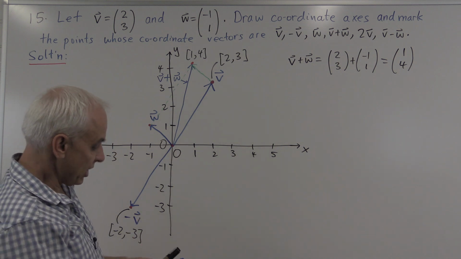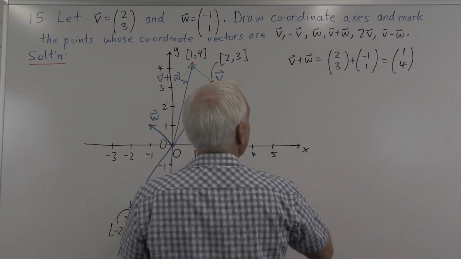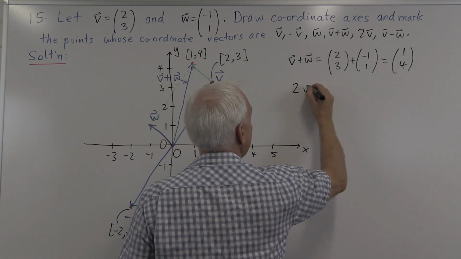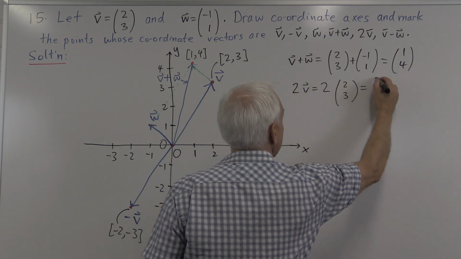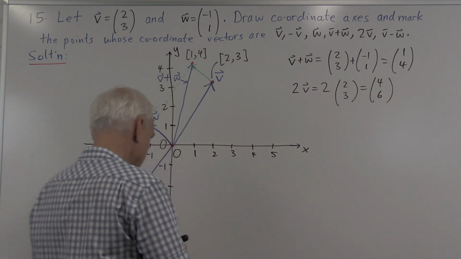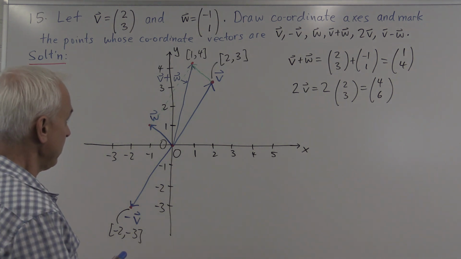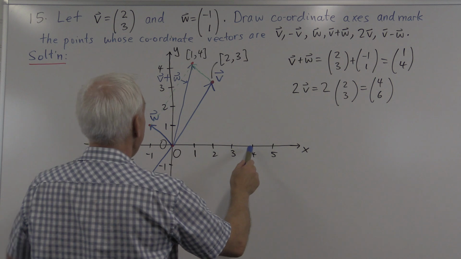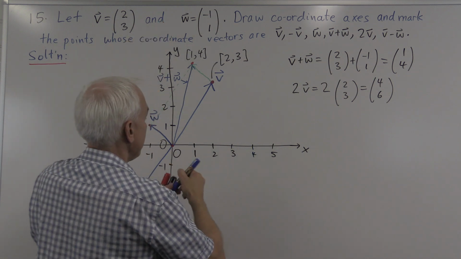Okay, what about 2 times v? 2 times v is 2 times 2, 3, which is the vector 4, 6. And where is that on our picture? Well, 4, 6, 3, 4, 5, 6, be up there.